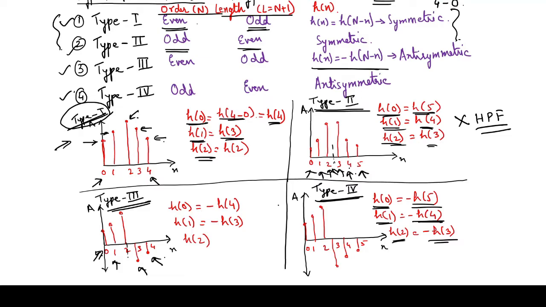Type 3 filters cannot be used to design high pass filter and low pass filter. And lastly, type 4 filter cannot be used to design low pass filter.